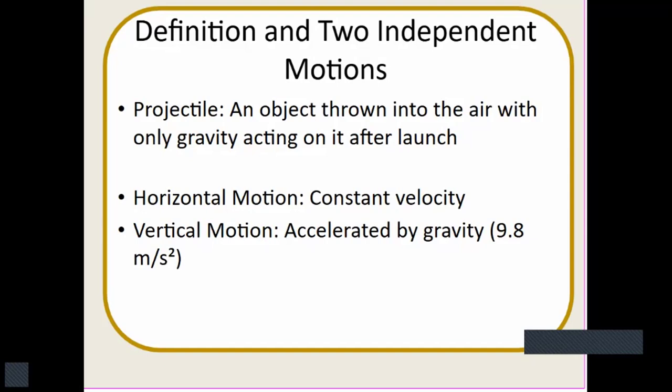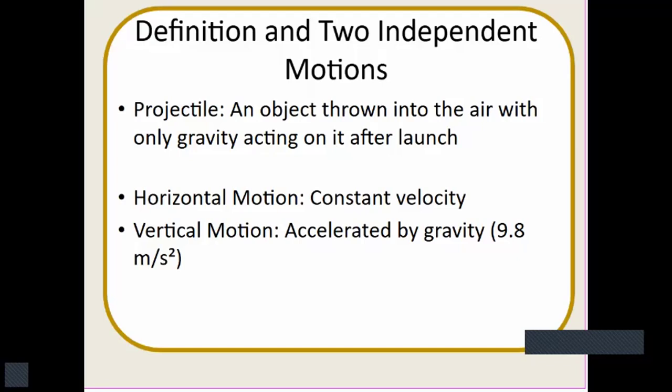Okay, and we also ignore air resistance, so that we can make our calculation simple. So movement in the horizontal direction is with constant velocity or constant speed. There's no acceleration in the horizontal motion of a projectile.